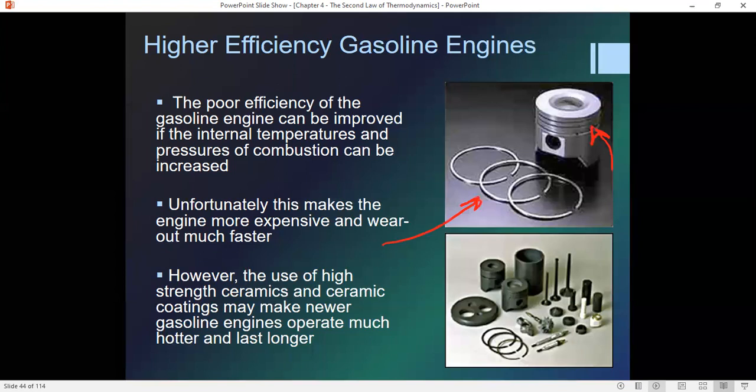However, they also increase the general wear and tear that the engine experiences. They have been coating some of the components with ceramics, and this makes them able to endure much higher temperatures and pressures, and also reduces the amount of heat transfer to the interior of these components.